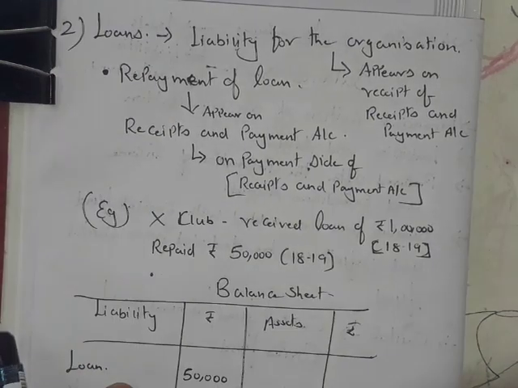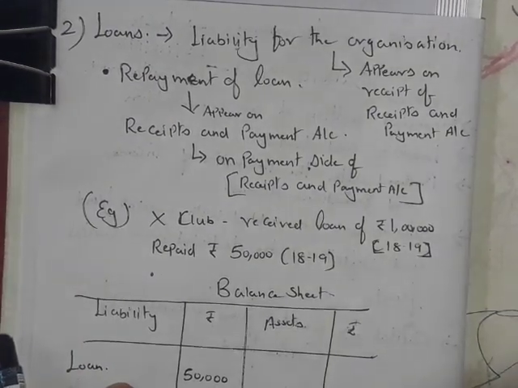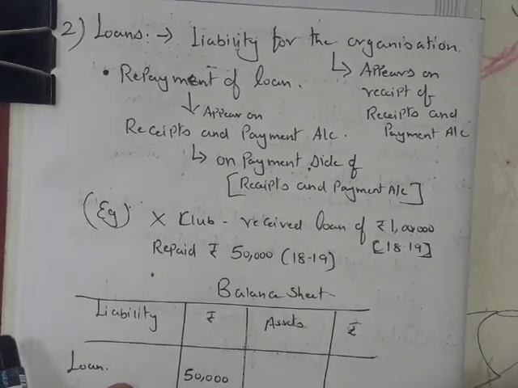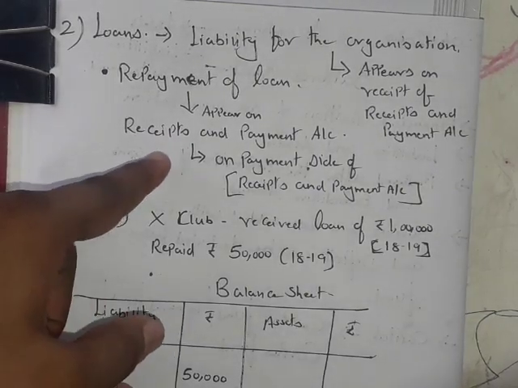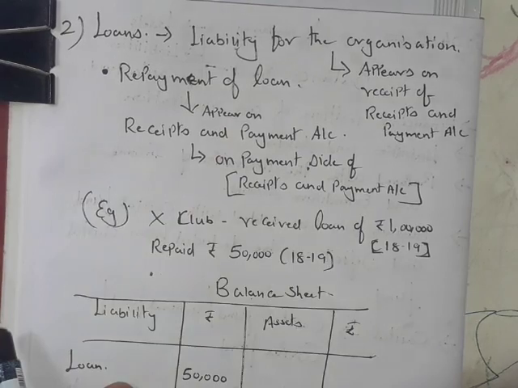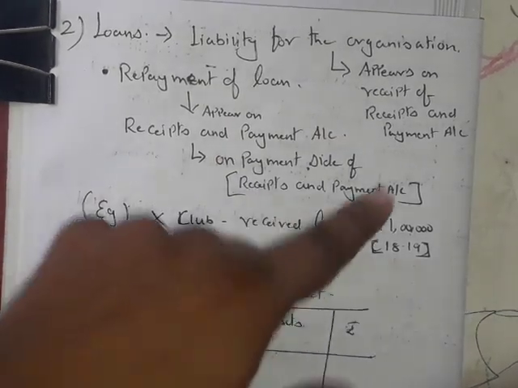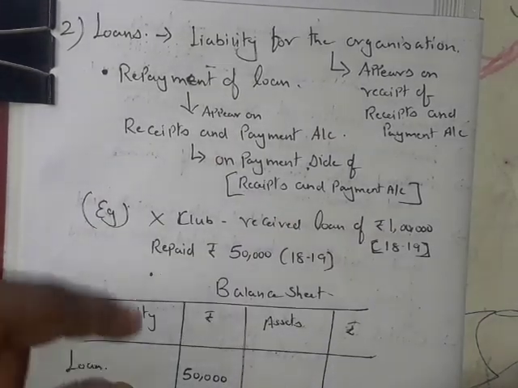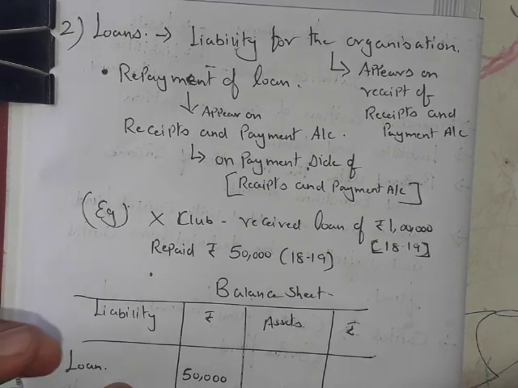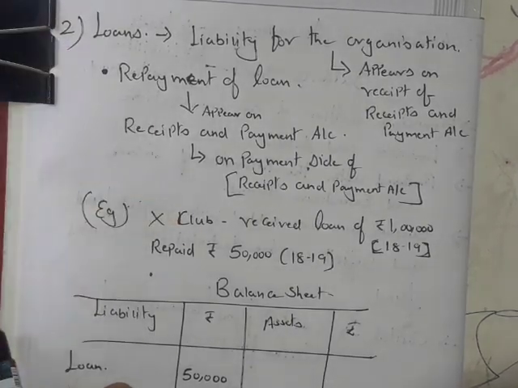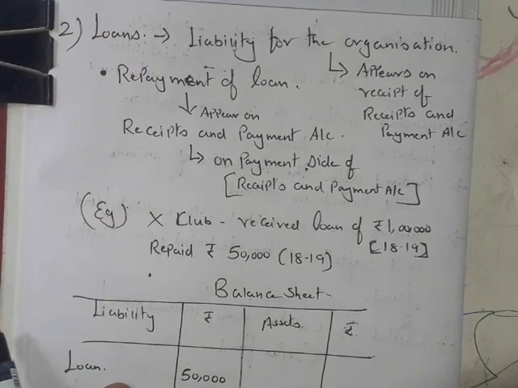This repayment of loan will appear on the payment side of our receipts and payment account. So whenever we make a payment against the loan we borrowed, those payments will all be captured on the payment side of our receipts and payment account.